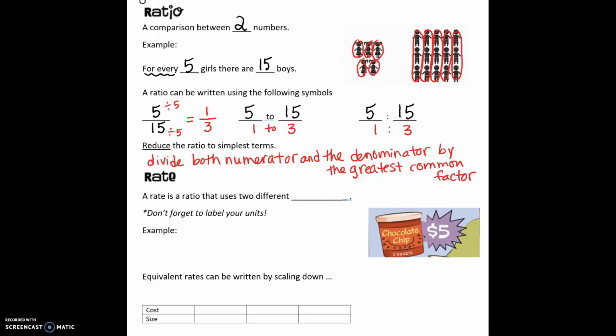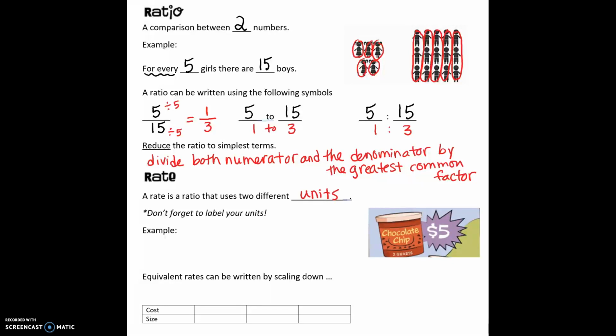So what is the difference between a rate and a ratio? Well, a rate is just a ratio that uses 2 different units. So if you think about the example that we had in class the other day, we were looking at ice cream. In this case, our chocolate chip ice cream costs $5 for 2 quarts.